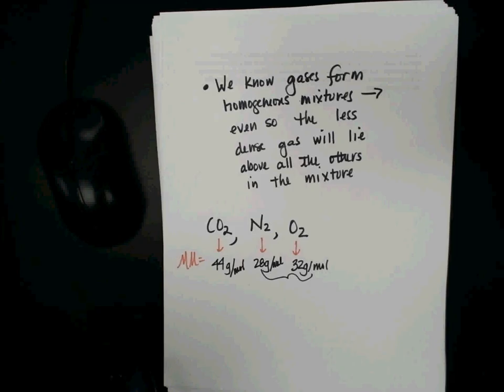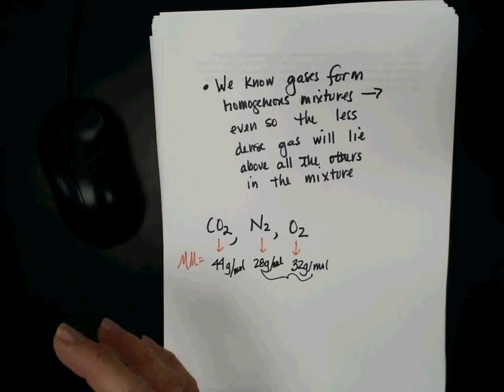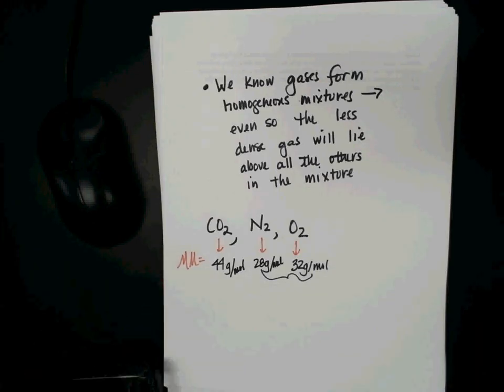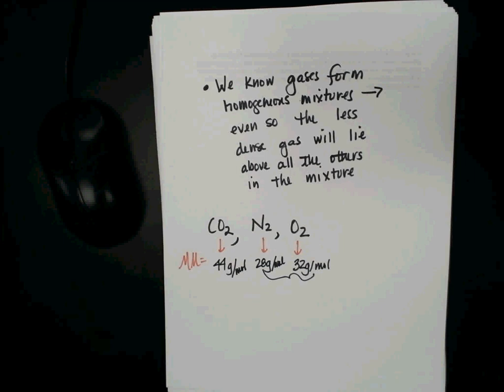That's how it works. It's the same way a CO2 fire extinguisher works. You spray it towards the flames, you see the foam, but some of that foam becomes gas as well, and it moves down and envelops those flames. All that's based on the molar mass of carbon dioxide and how it behaves in air.